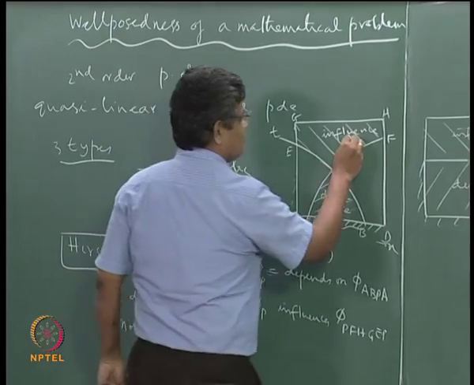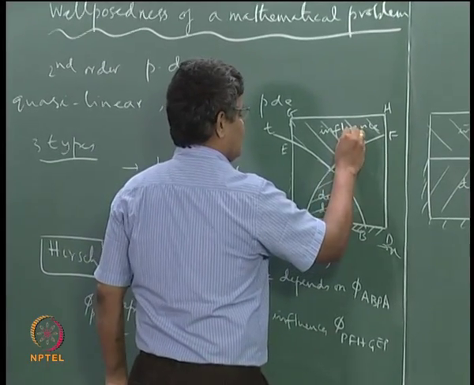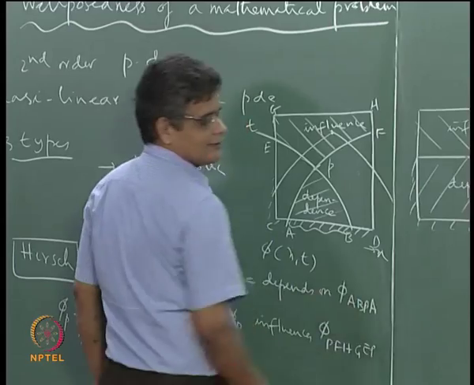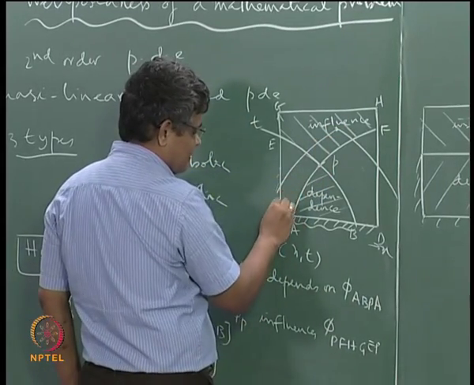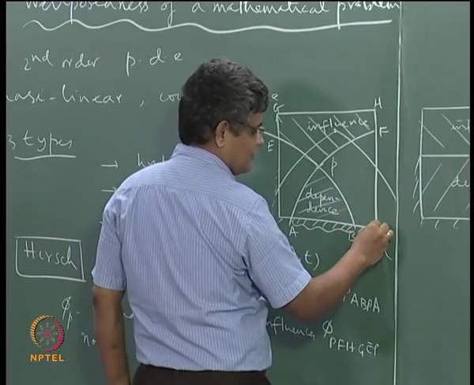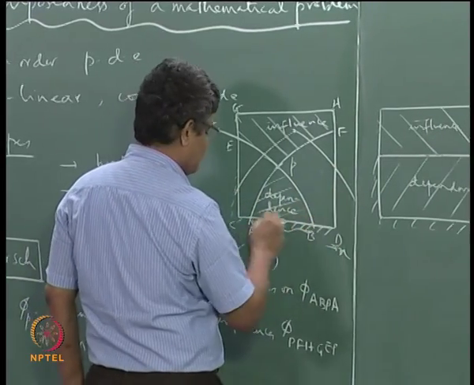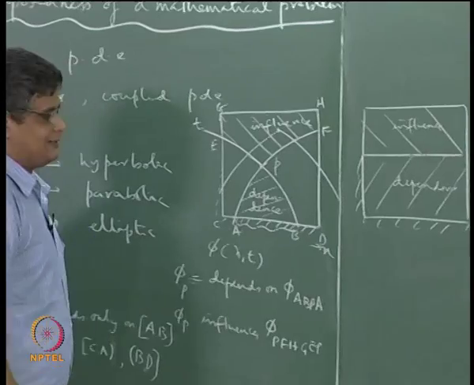If you go to some other point here and then if the two characteristics are like this, then the solution value here depends on this part of the initial condition, this part of the boundary condition and this entire part of the initial condition.